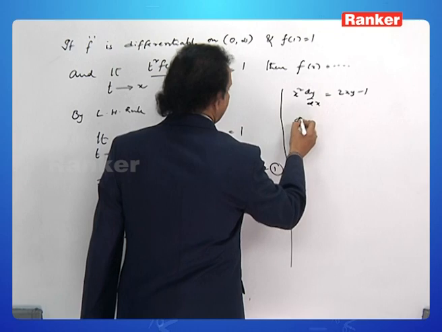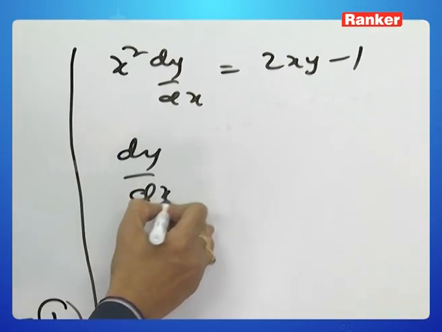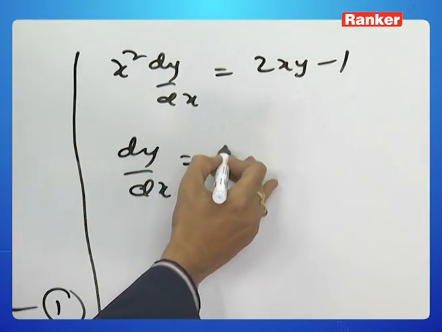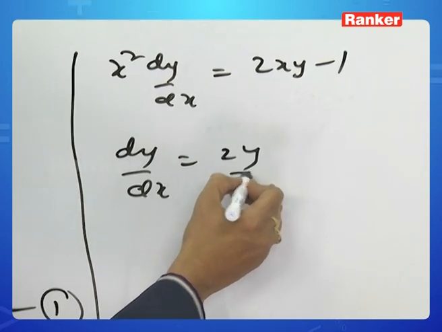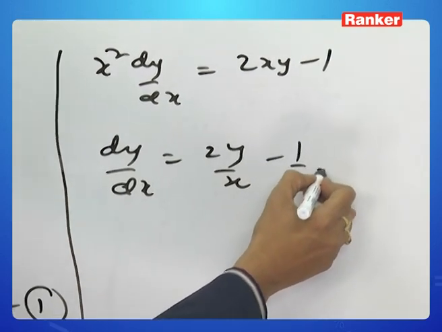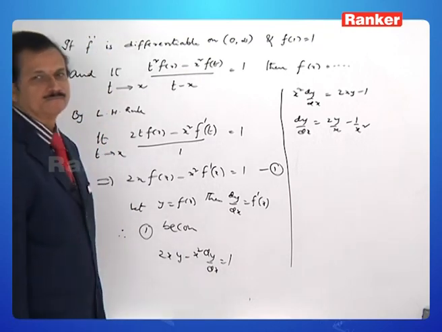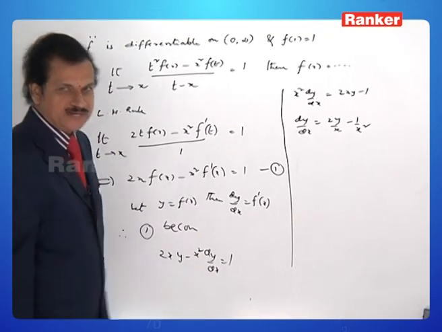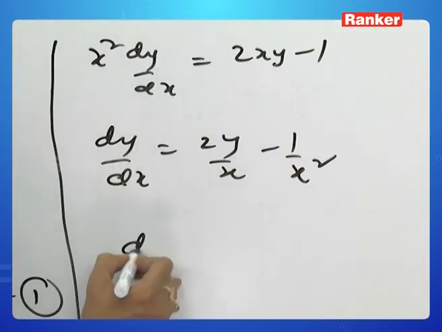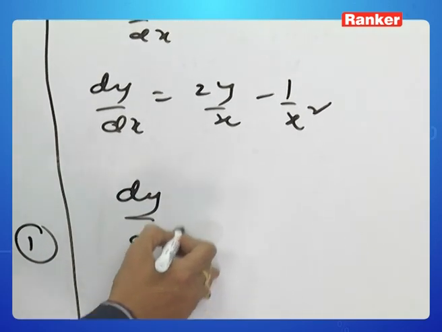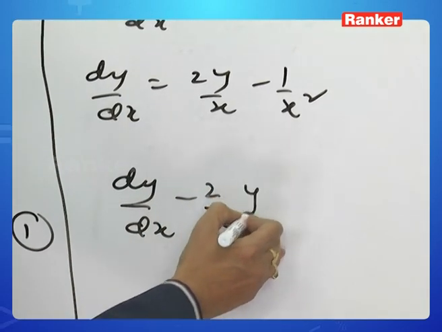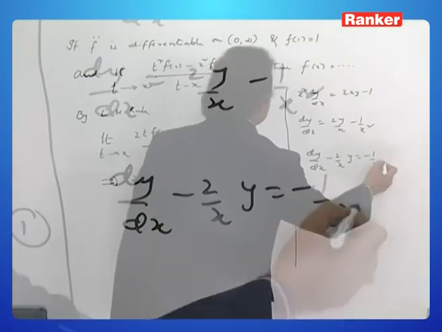What happens? Dy by dx is equal to 2x by x square, which is 2y by x, minus 1 by x square. Bring that 2y by x this side. What is going to happen? Dy by dx minus 2 by x into y is equal to minus 1 by x square.